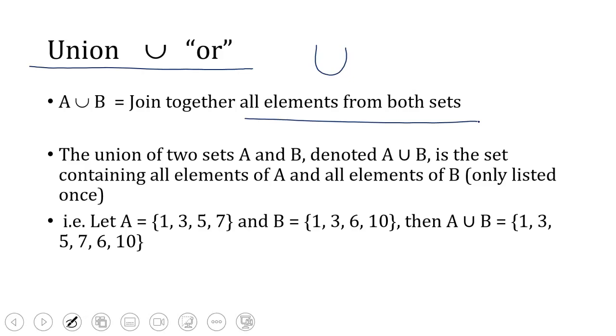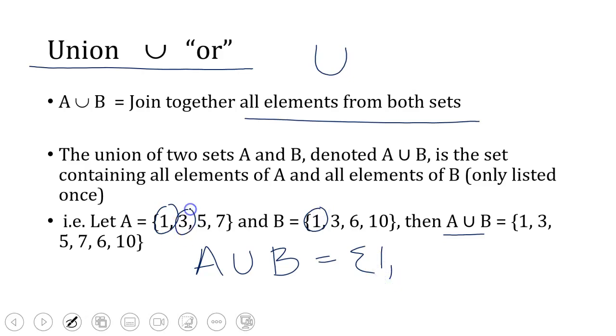You never list double numbers in your set. So let's look at the bottom example. Set A is 1, 3, 5, and 7. Set B is 1, 3, 6, and 10. So we want the union of A and B. We list all the numbers. We have 1, and that's listed twice, so we're only going to list it one time.